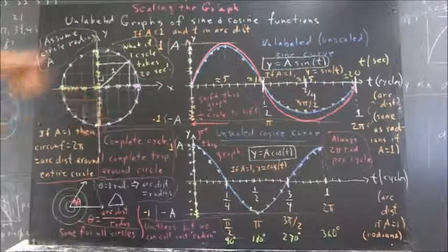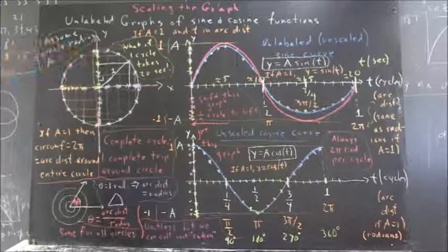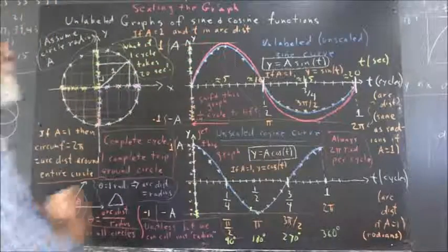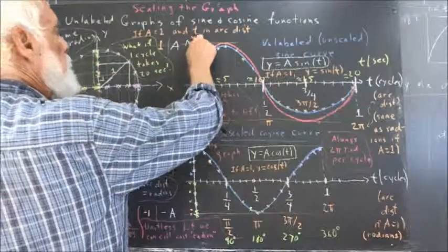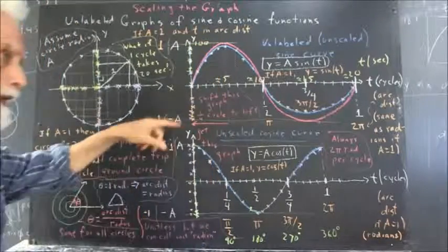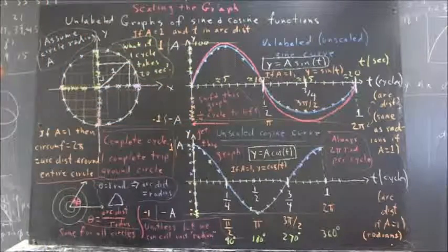the circle, big windmill, let's say radius is 100 feet. Okay, so if A was 100, we could label this as 100, label this as negative 100. I don't have room to label it, but having the 100 here implicitly makes this negative 100.